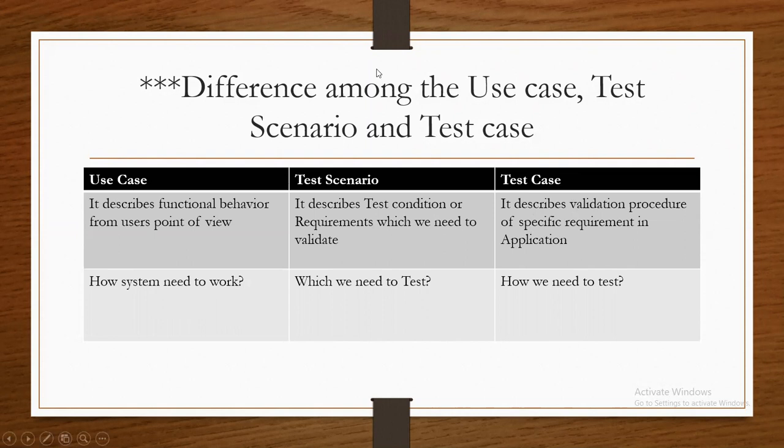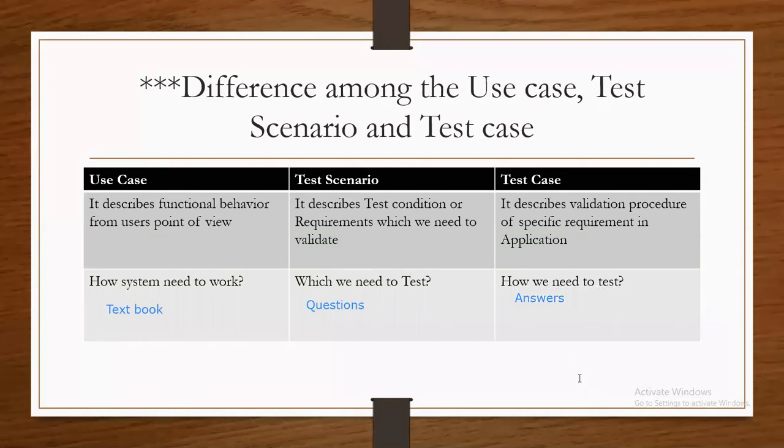Another example I can give you: it is like a textbook. Content: if you read, you are going to understand the content. Whereas the test scenario is like questions, and the test case is nothing but answers. There is a relation.